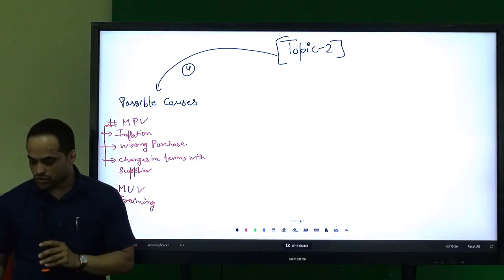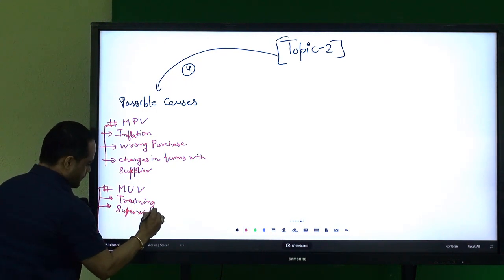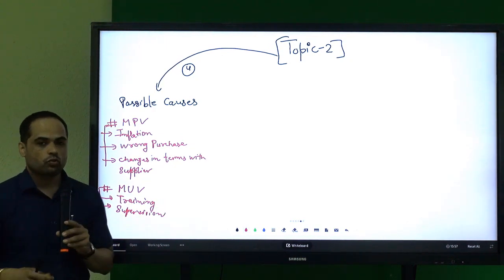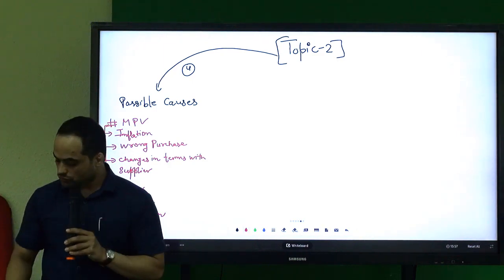Next, material usage could be affected by a lack of supervision. If there is a lack of supervision, of course workers will waste, and material wastage will be increased.